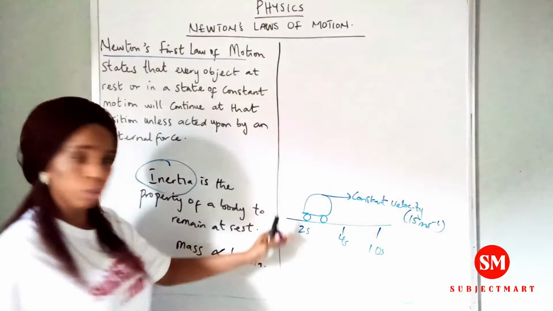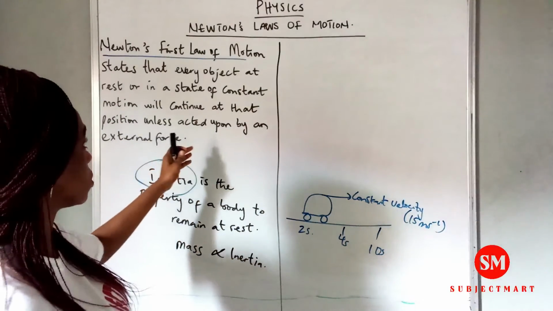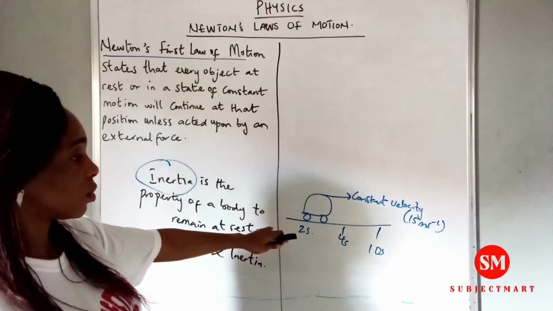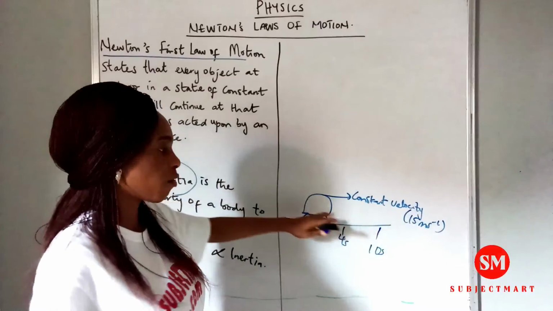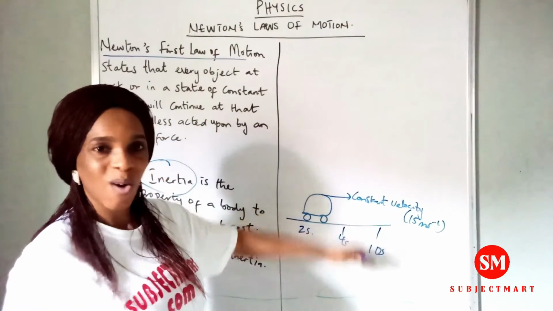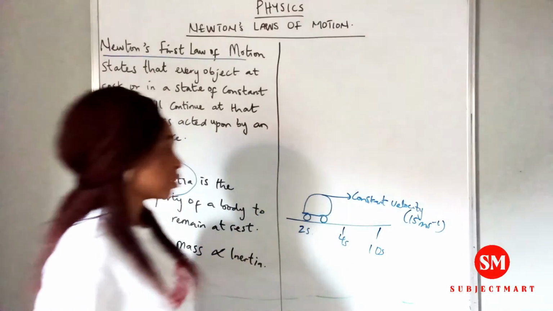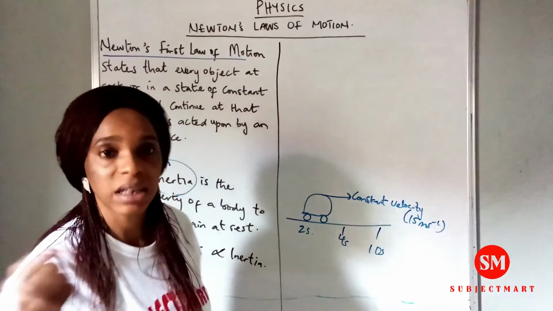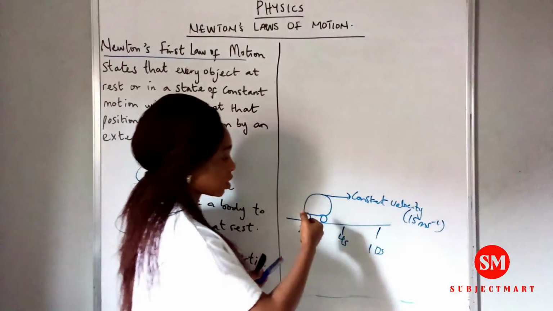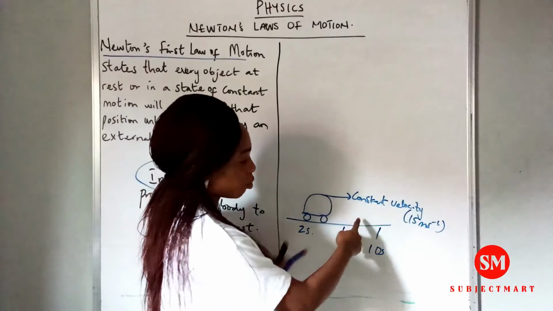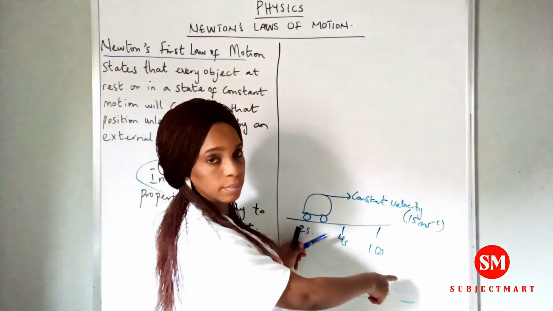For such a body, Newton's first law of motion is applicable. So such a body will continue in this state of constant speed unless a force is applied. The force could be in form of acceleration or deceleration. Of course, when a deceleration is applied, the body will be brought to rest, and as such the velocity will change.